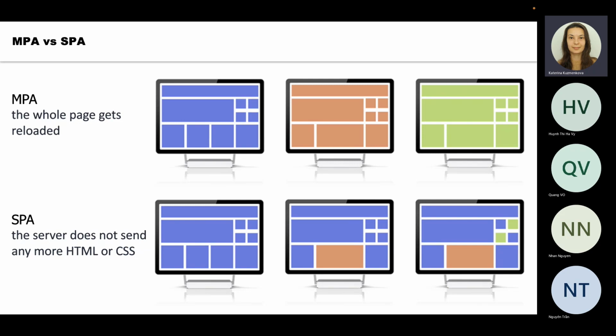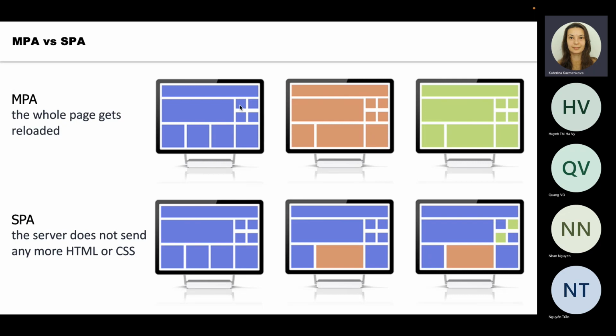For an example of multi-page application, you might have heard of Amazon or eBay or any other traditional website. You will notice that when you press something on the website, you are redirected to another page, like in this example, right?